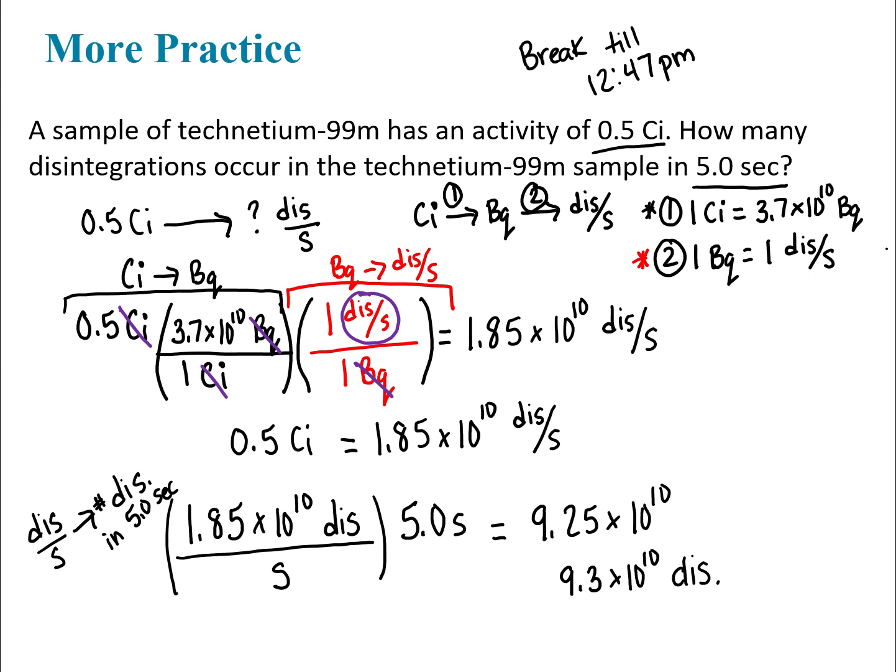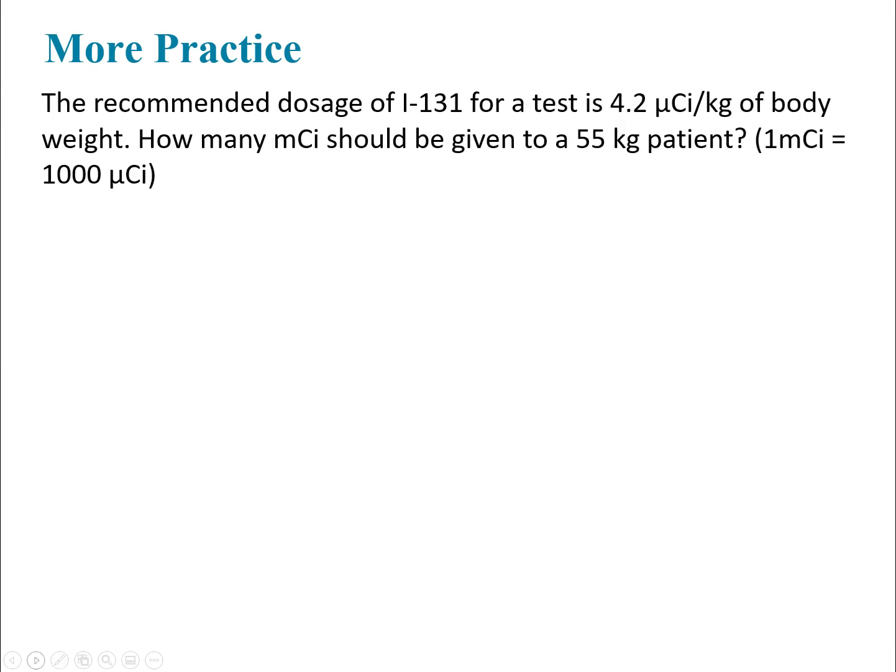So we're going to move on and do a different problem type, one that's a bit less complicated. So I alluded to the fact that there's nuclear medicine. Iodine-131, which is the topic for this problem, is used to diagnose and treat thyroid issues.